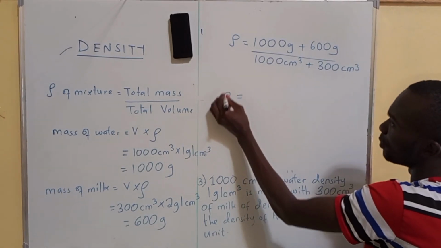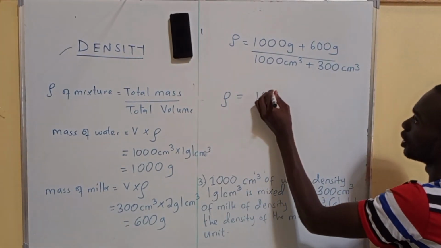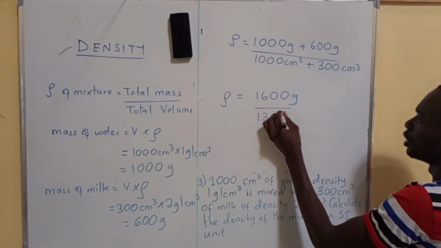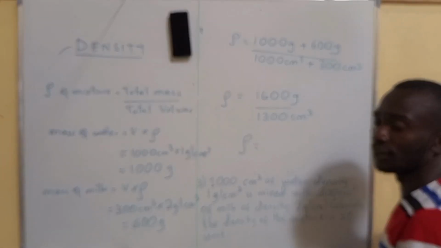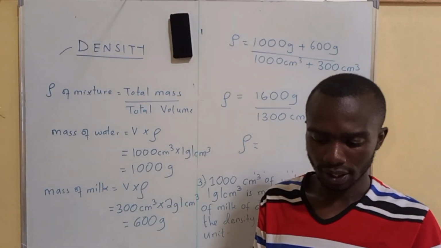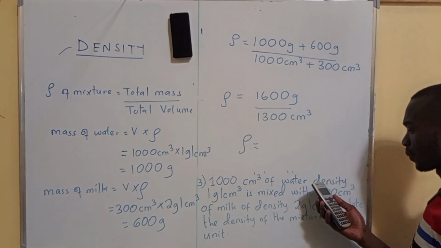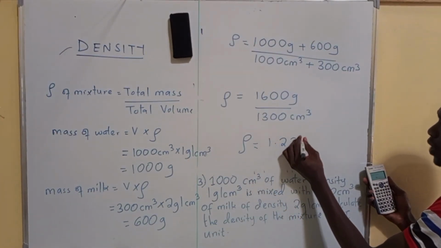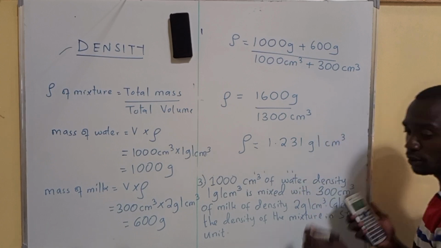So the density of the mixture gives you 1,600 grams over 1,300 cubic centimeters. So the density of the mixture, 1,600 divided by 1,300, the answer is 1.231 grams per cubic centimeter.